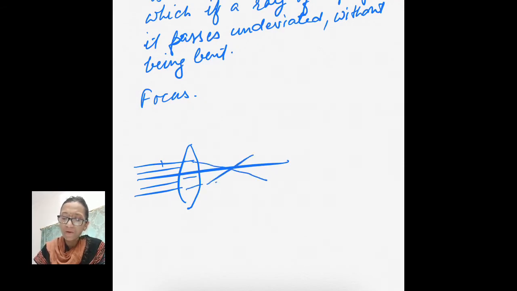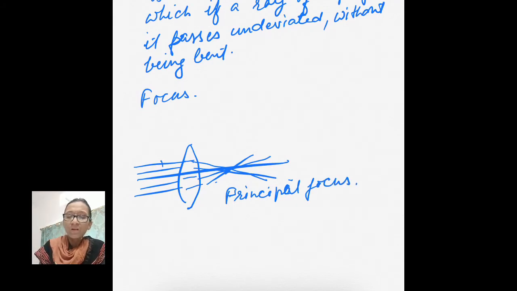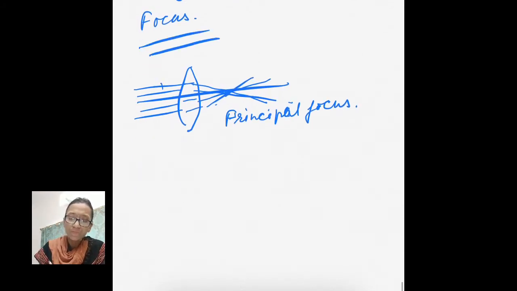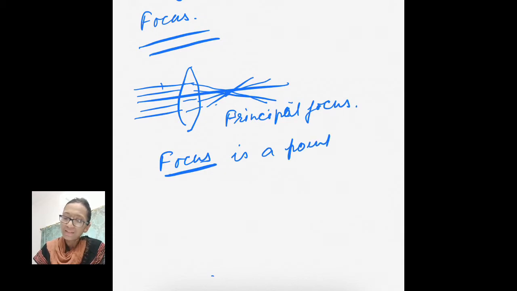And that point is called focus, or principal focus. Now you have two focuses, so this one is principal focus. So what is focus? Focus is a point on principal axis.